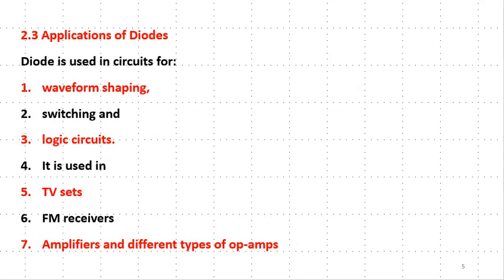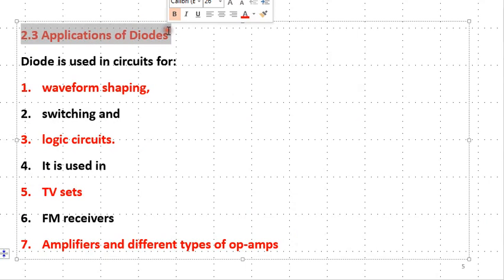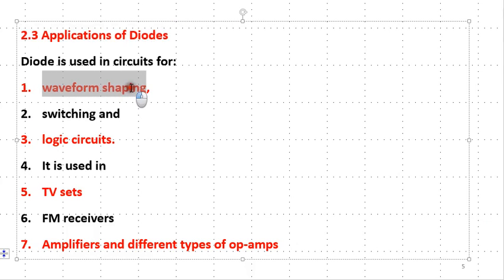Now, if you understand this, the next thing we are going to look at are the applications of the diode, and the diode is used in different forms of applications. One of them is what they call waveform shaping. That is, we use diodes for generating different waveforms: sinusoidal, triangular, sawtooth, square, and all the other types of waveforms.